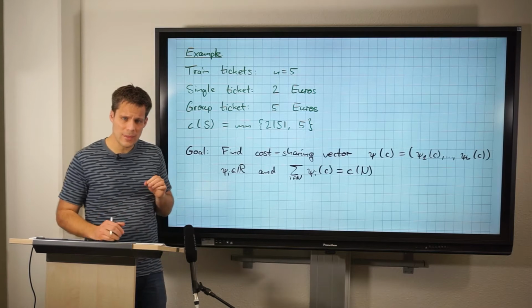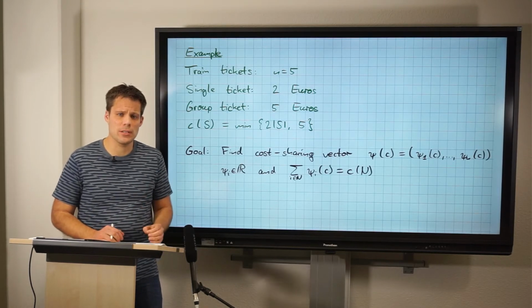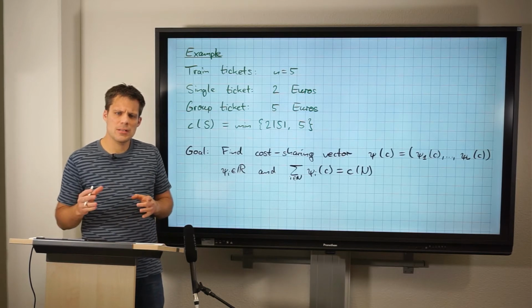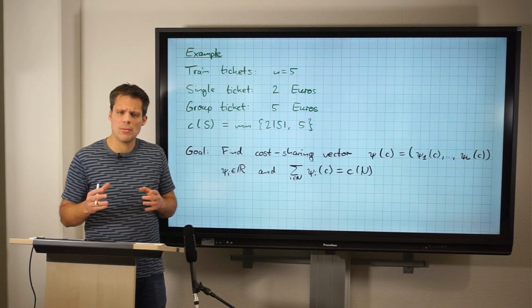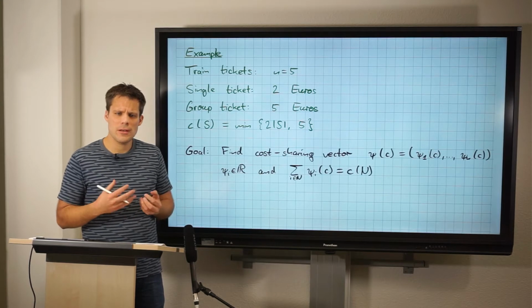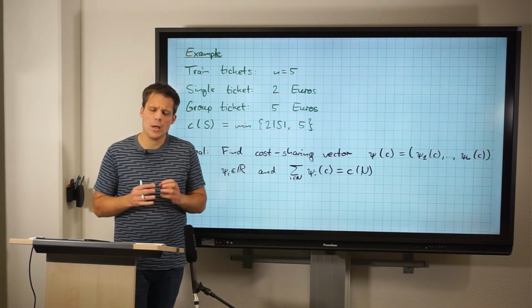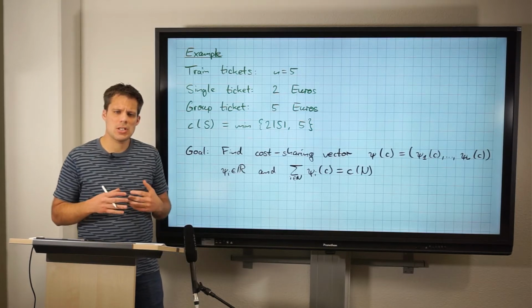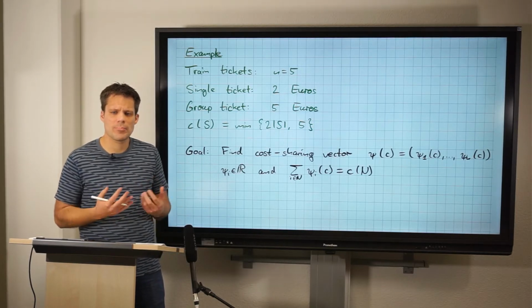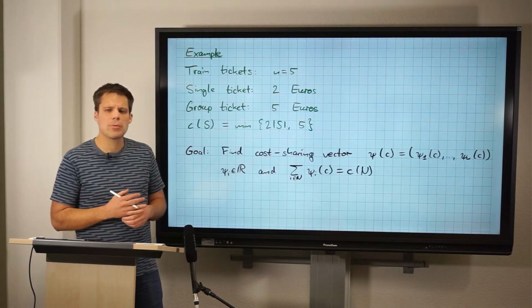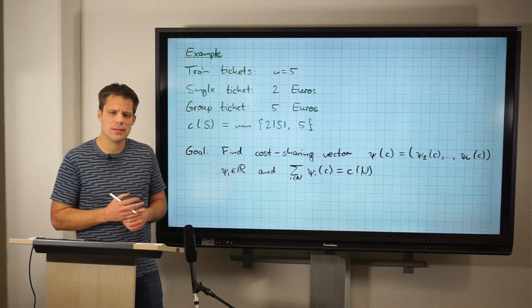Or each of the agents pays 1 euro. Some of these we might consider more appropriate than others, and this is exactly the question that we're asking today. What is it that makes such a cost-sharing vector fair or appropriate in any possible sense?